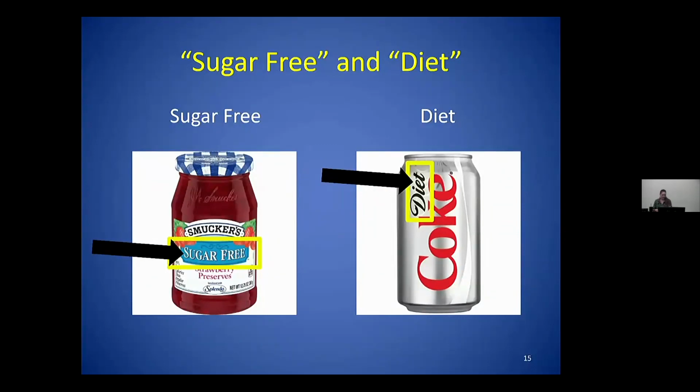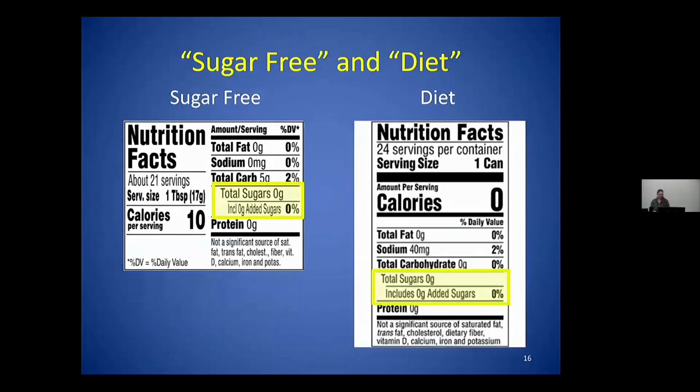So here we show a sugar-free Smucker's strawberry preserves, so jam, and then we have a Diet Coke, a really common diet soda. So when we flip this over and look at the label, we see that there are 0 total sugars, which I have highlighted on both sides, and then 0 grams of added sugar on both of these.